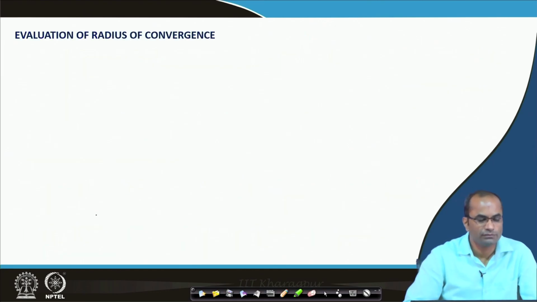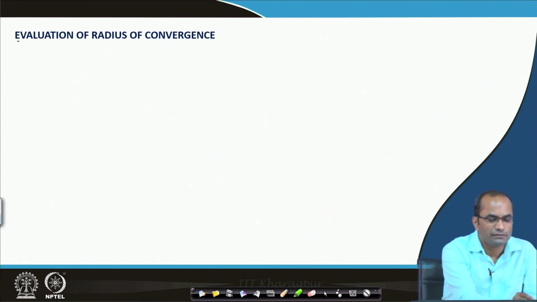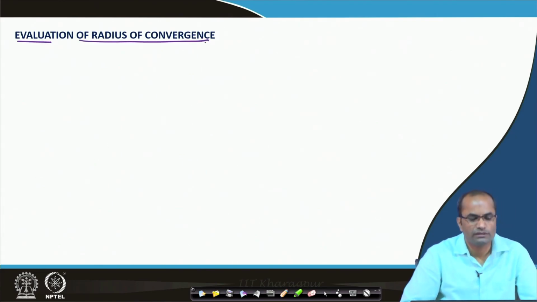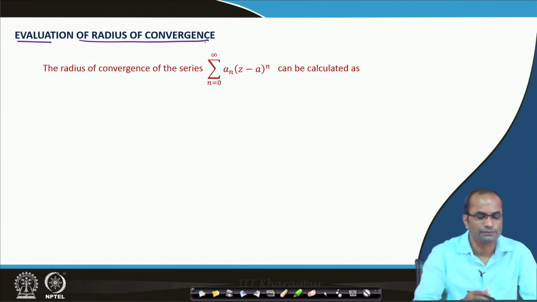So, this was some preparation, and there are developed formulas. We are not going through all these concepts, because in the Taylor series we do not need all these calculations of the radius of convergence. There is another way of knowing the region of convergence or the radius of convergence.